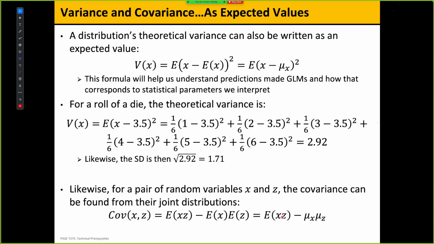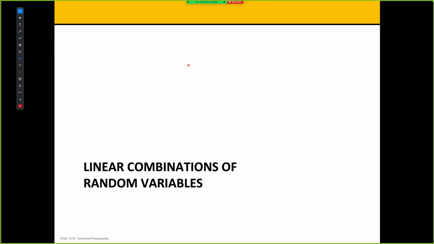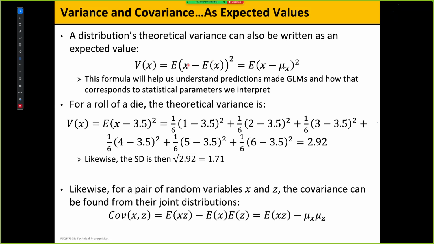So it's expectation of x times z minus the mean of x times the mean of z. And how you'd calculate x times z, again, would be if we had x and z here, we'd have the numeric value of x times the numeric value of z times its likelihood, or its probability in this case for the discrete distribution.